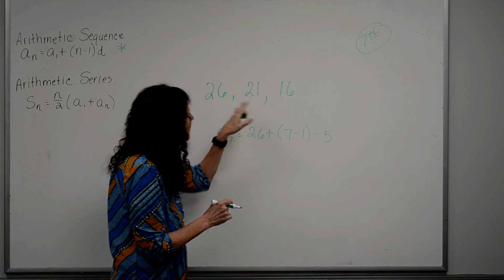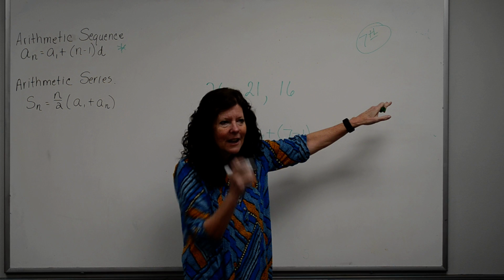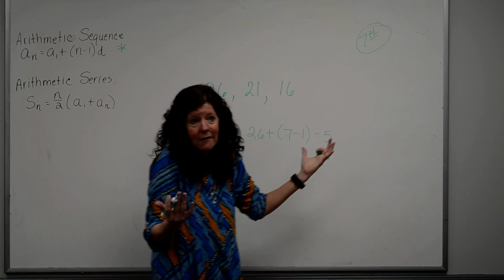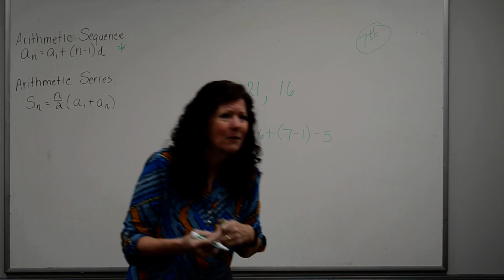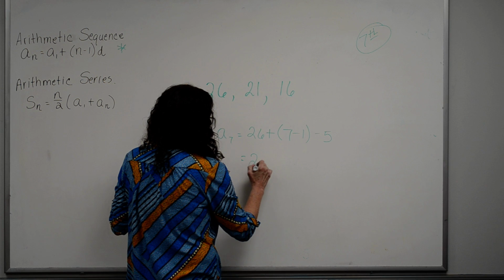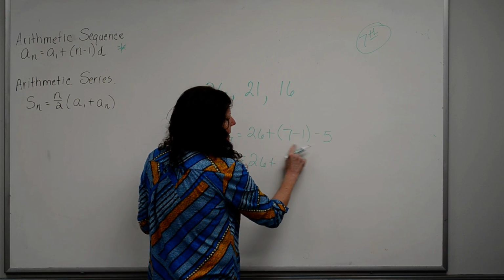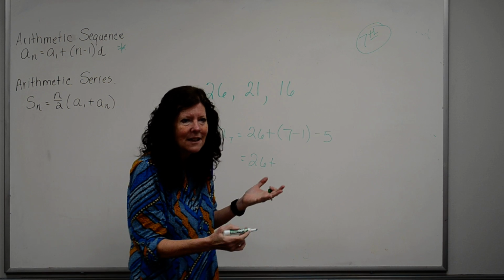Now you could have literally just put 7 marks there and gone down and not used this. I don't know. You can always do it that way, but if they're asking you for like the 150th term, you're not going to want to do it. So I've got 26 plus, now that's going to be a 6. Be careful here because that looks like it's minus 5.